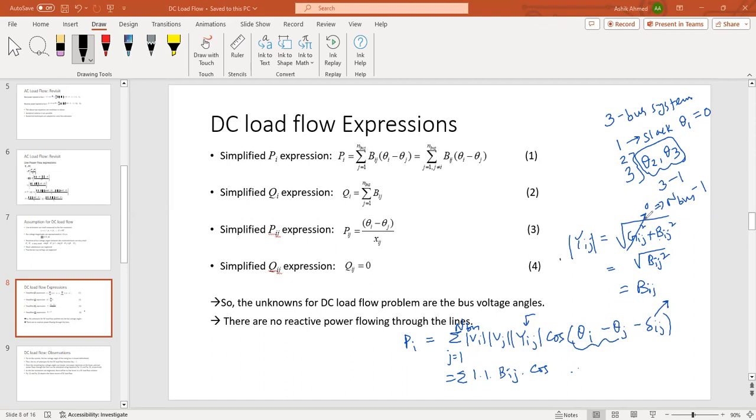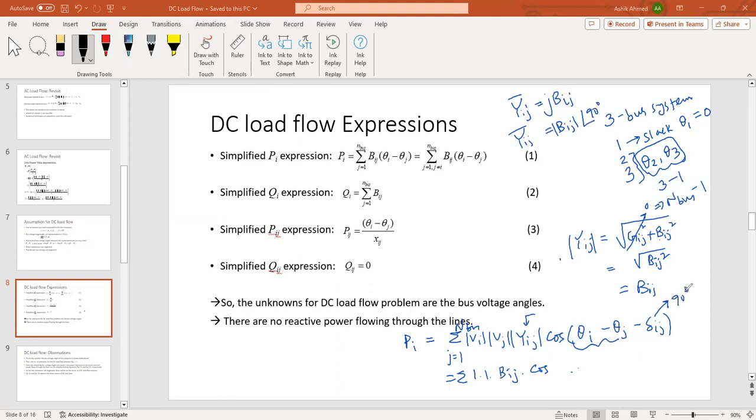Because the real part of the admittance is negligible, we can write Yij equals j Bij. So I can write Yij equals the magnitude Bij, angle 90. So j is transformed into the angle 90 degrees.